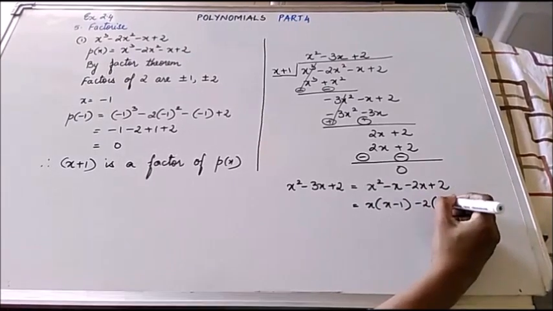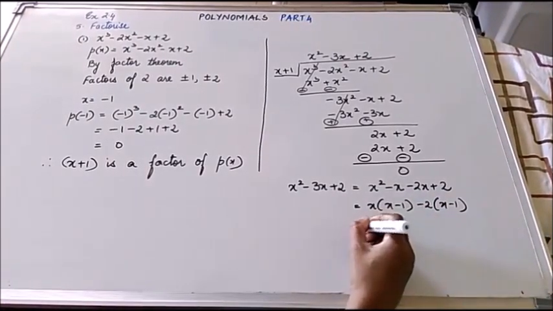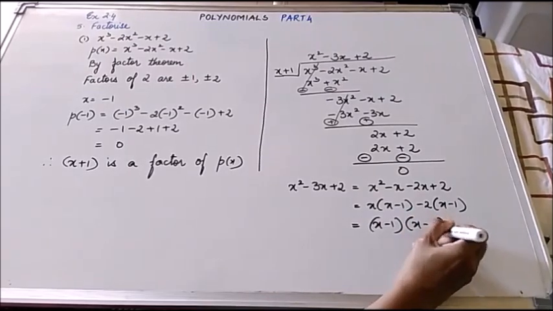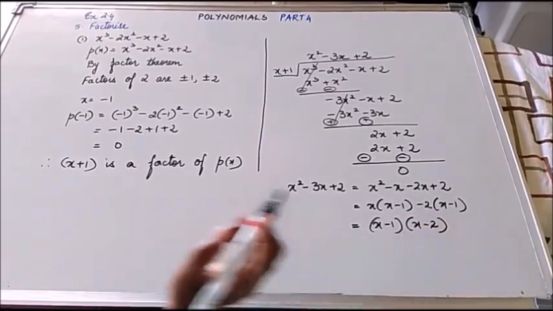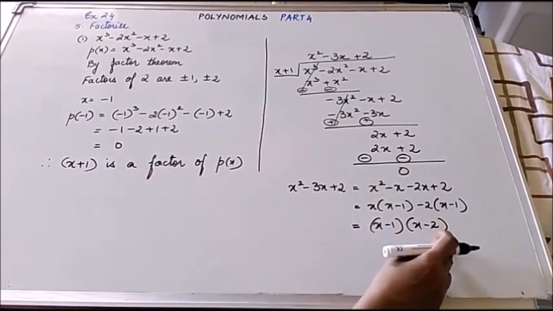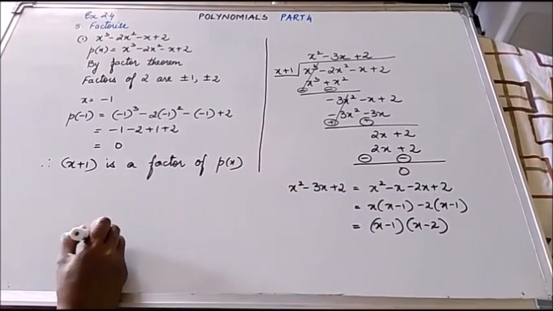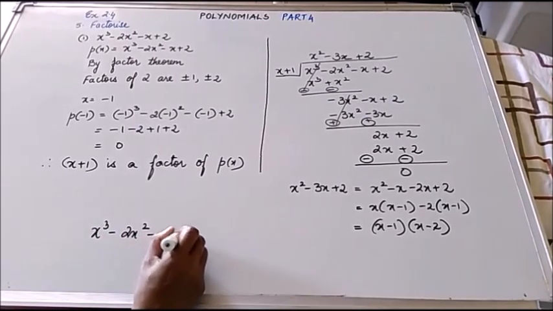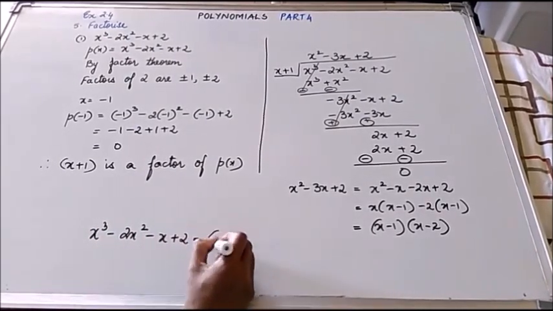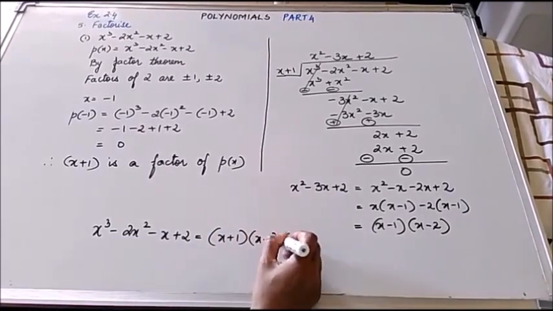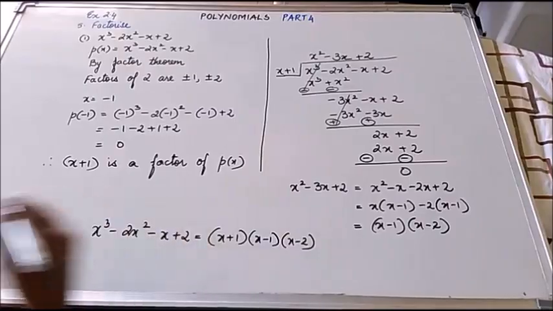We take minus 2 common, here we get x minus 1. X minus 1 into x minus 2. Now you can see there are three factors, x plus 1, x minus 1, x minus 2. So we can write this as x cube minus 2x square minus x plus 2 is equal to x plus 1 into x minus 1 into x minus 2.